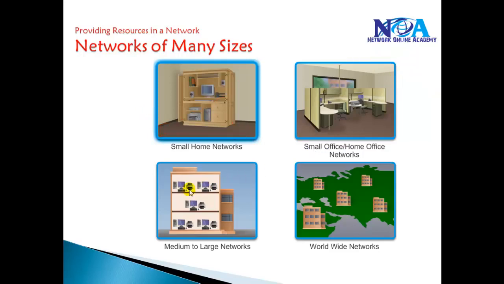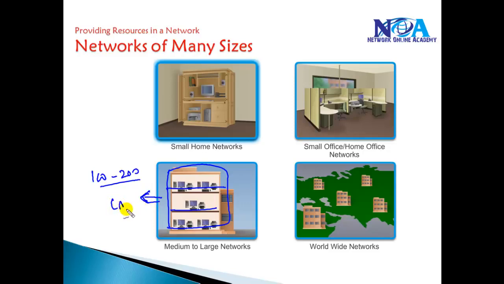The next kind of network is a medium to large network. In a medium to large network, I have some 100 to 200 employees working in my company, in a building with multiple floors, and we are connecting all these 100 to 200 employees in one LAN.